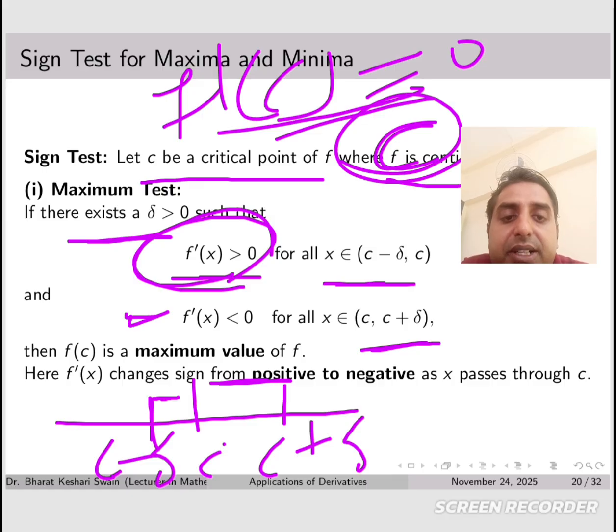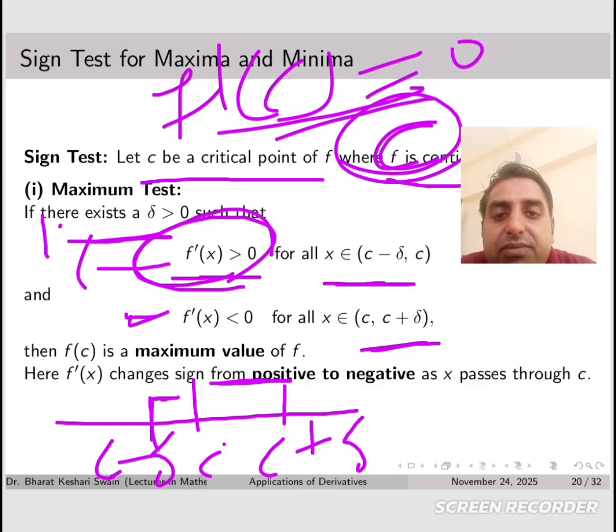And we know that f dash x greater than 0 means the function is increasing, as we discussed in the previous class, and f dash x less than 0 means it is decreasing.